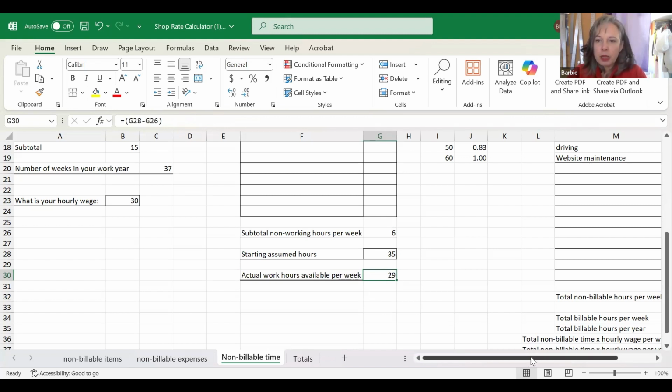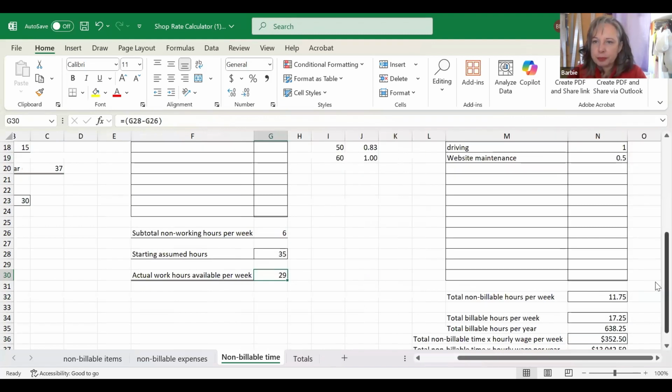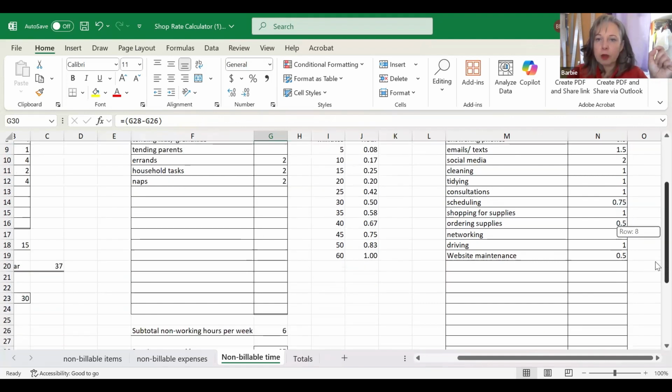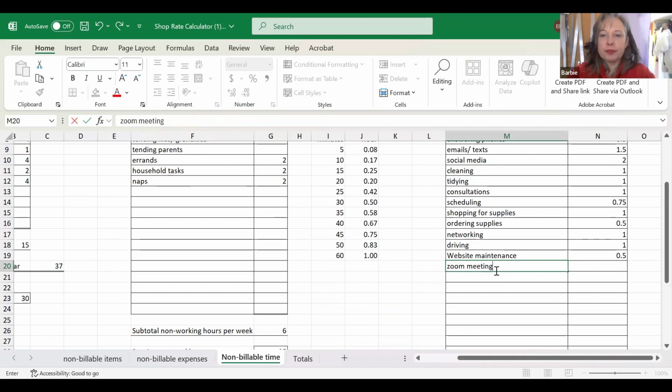Okay. And then over here, these are my non-billable working hours per week. So I'm at work, but I'm doing things that aren't billable. Okay. Oh, that was the other thing. Zoom meetings.